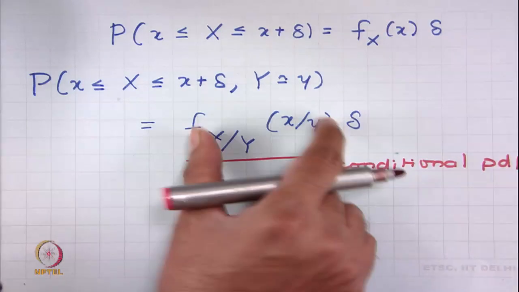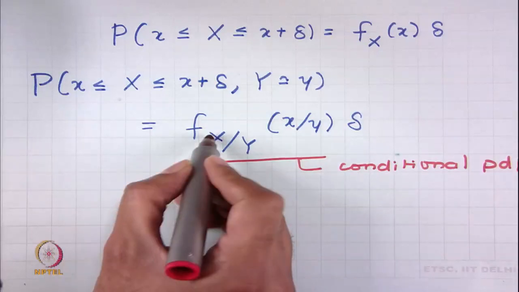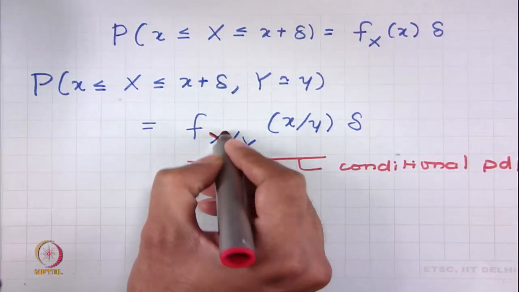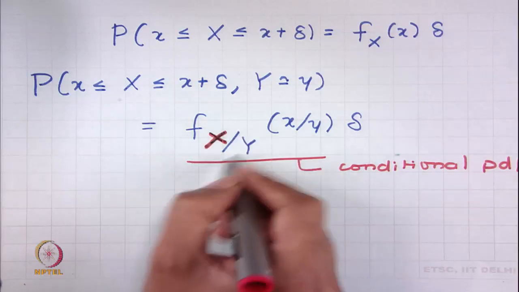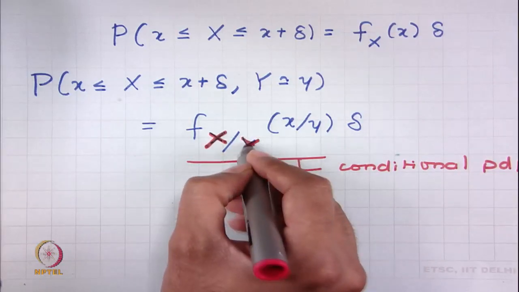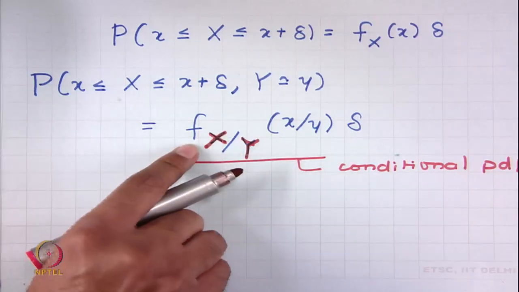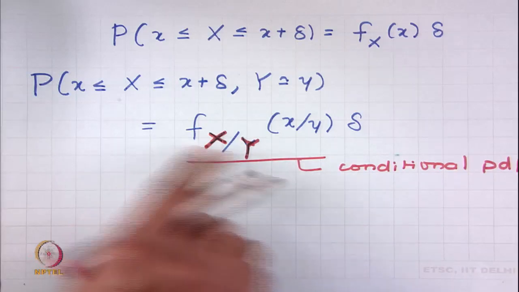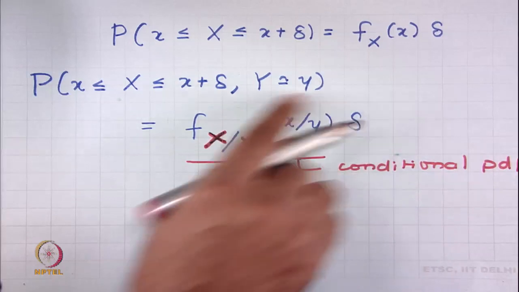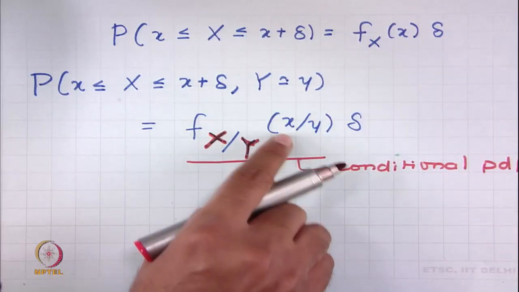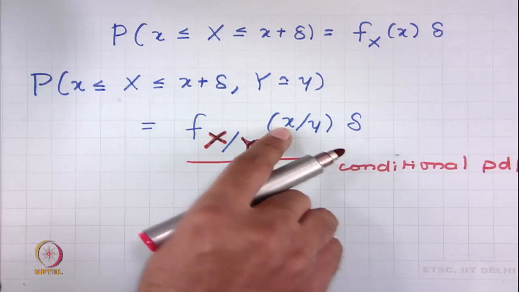And let us now try to think what this conditional PDF is. Let me introduce the notation here. We are interested in finding the probability of random variable x. What we are given is a numerical value of y. So, I am interested in finding the probability of x given that I have some information about y, and in the parenthesis I denote this by dividing the numerical value of x by the numerical value of y.